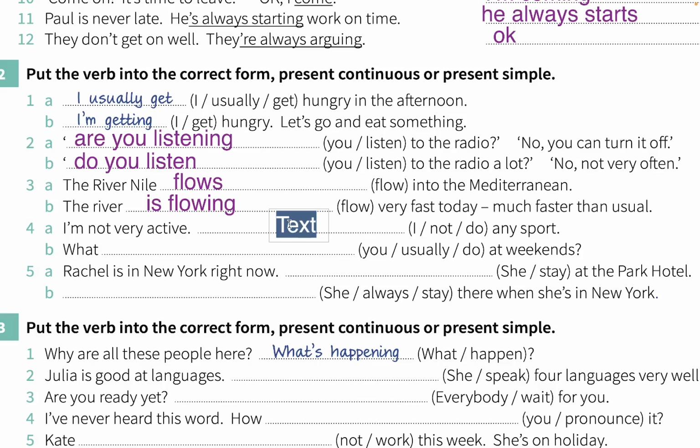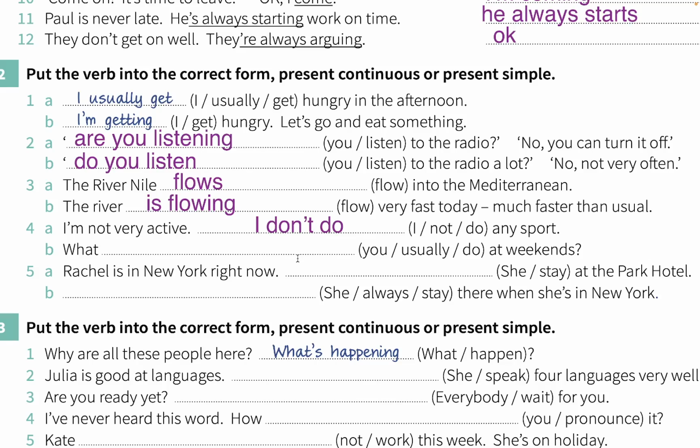Okay. Actually, for number 4, we use the present simple. Oh, very simple. Yes. So it's I don't or do not do any sports.